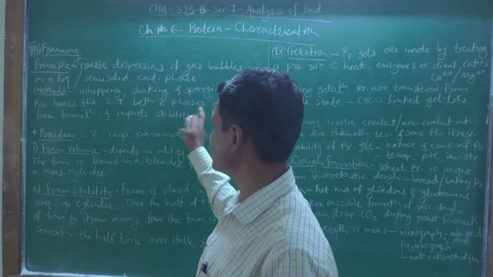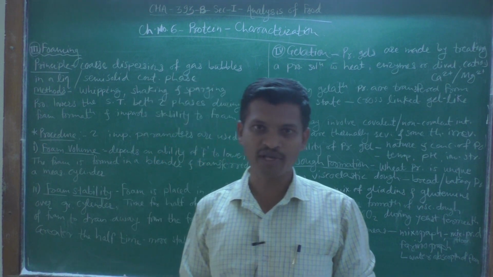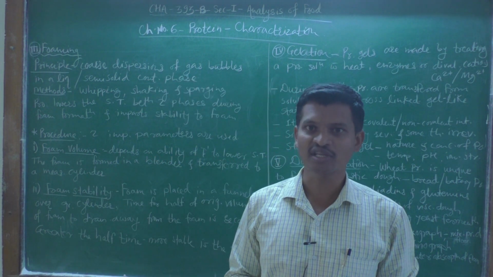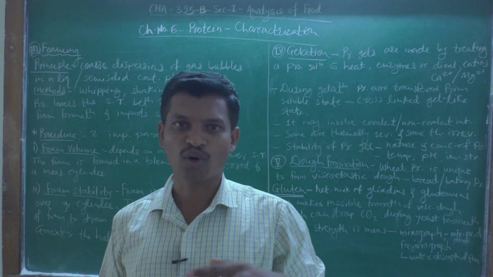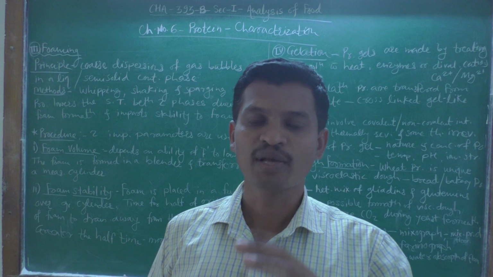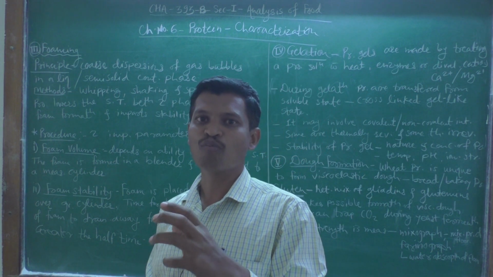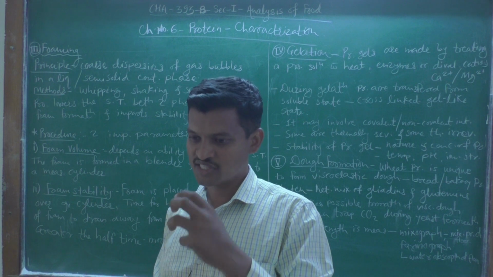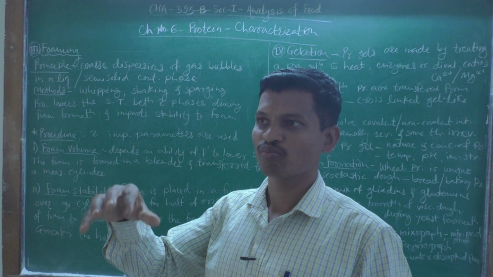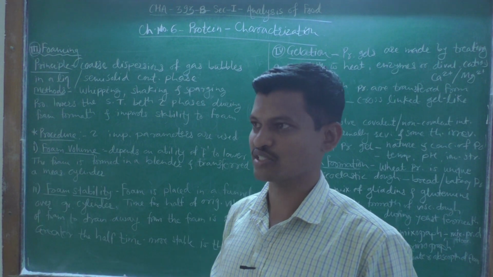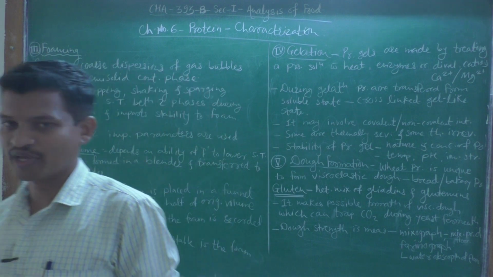Hence during foam formation, this lowering of surface tension happens, and these protein molecules are helpful for imparting stability to the gas bubbles in the foam formation process. So this is the principle of foaming.